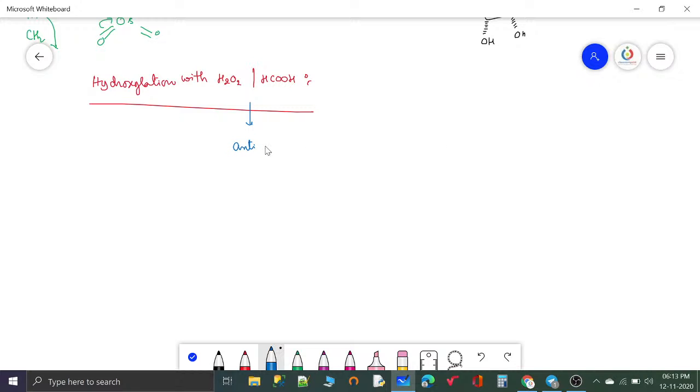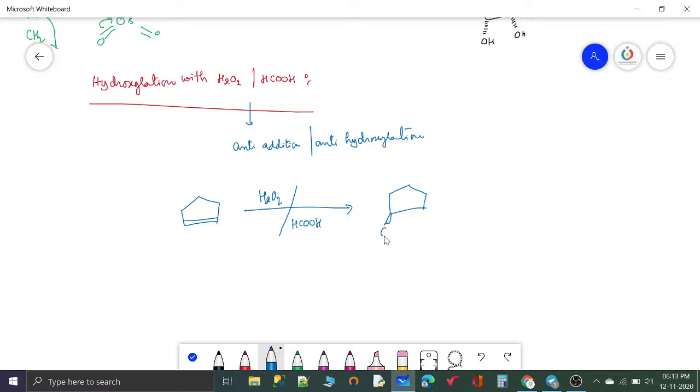I just write anti-addition, or anti-hydroxylation. It means one OH group from one side and the other OH group from the other side. Take one example, cyclopentene, with H2O2 and formic acid: it gives an OH group here and the other OH group from the opposite side of the molecule. So it is an anti-addition.